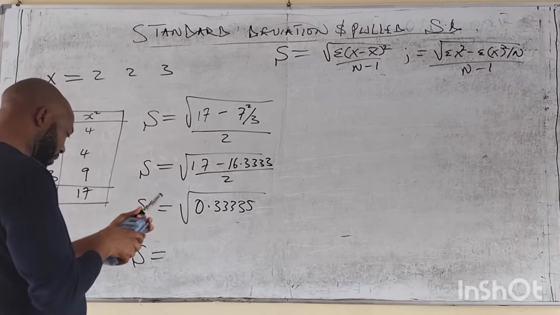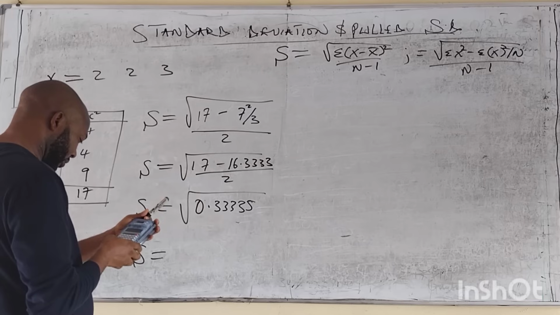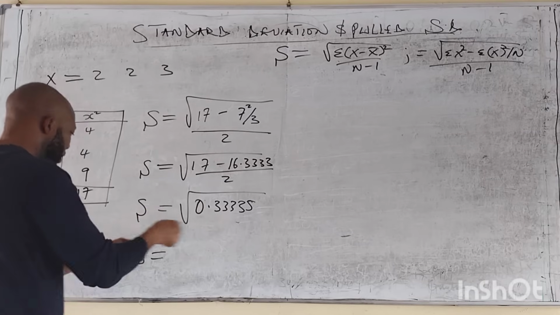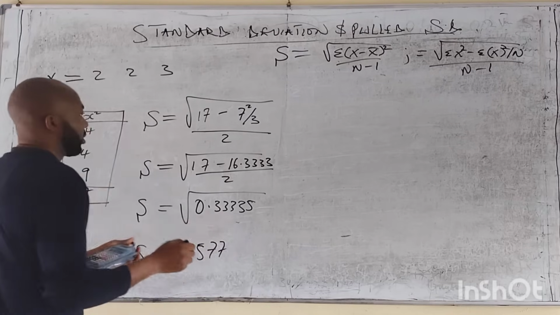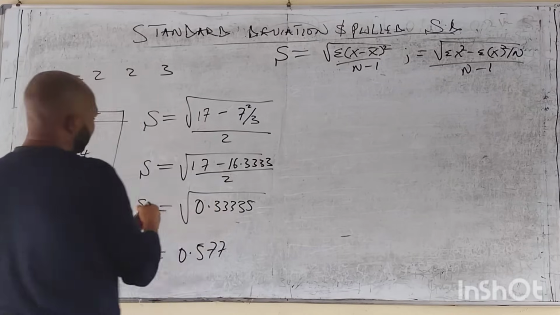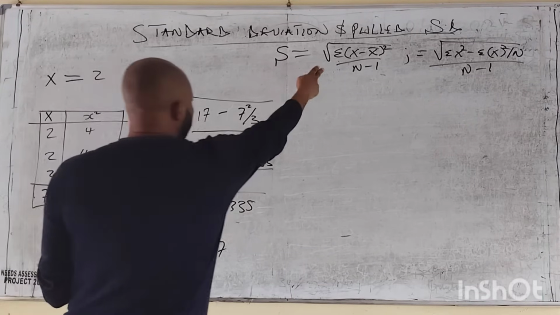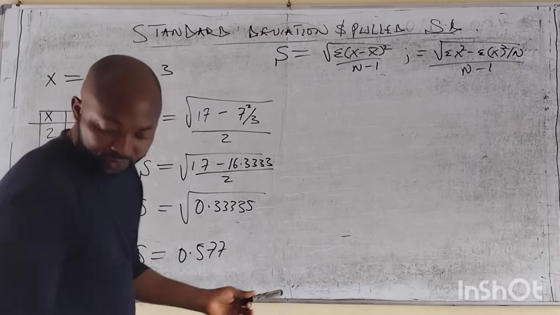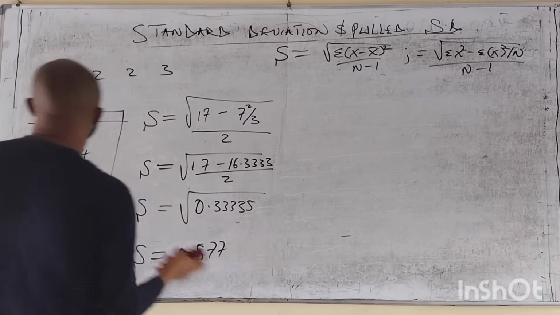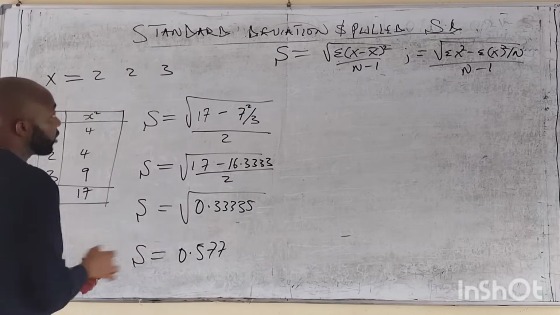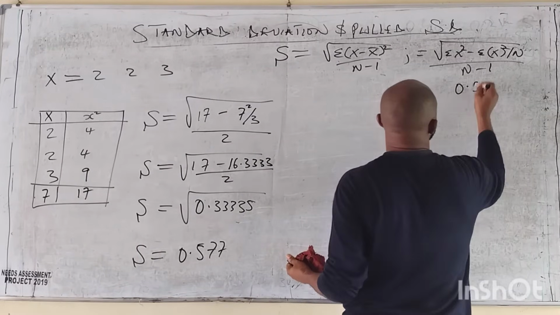The root of 0.33335 is 0.577. So this is our first answer. Let's use this other formula now, to compare the undergraduate and the postgraduate, which is supposed to be the same. Let's have our round table. Don't forget, let me put the answer there, 0.577.